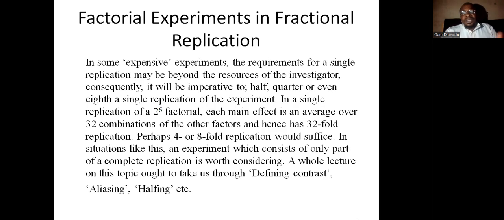So one is not sure, even if he needs that much to get the information he is looking for. Sometimes it is imperative to have a single replication, or quarter it, or even do an eighth of it.